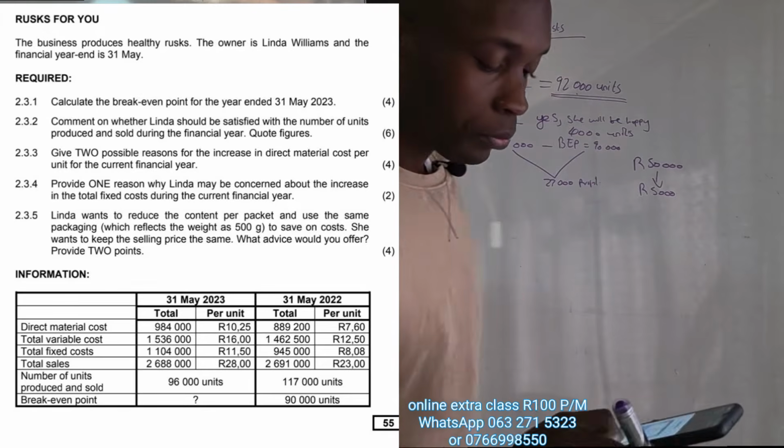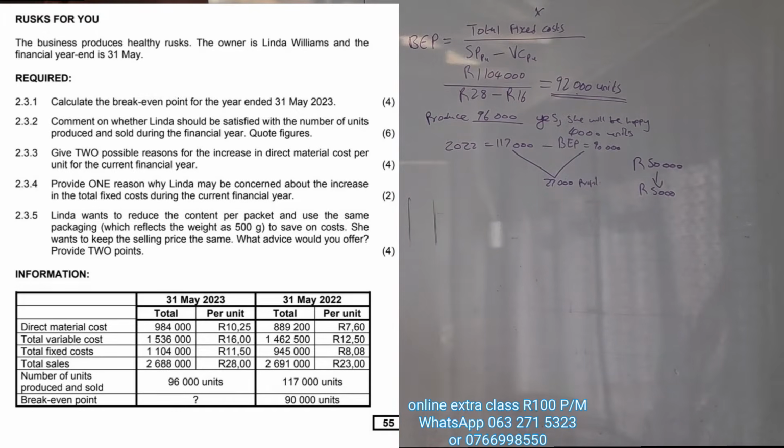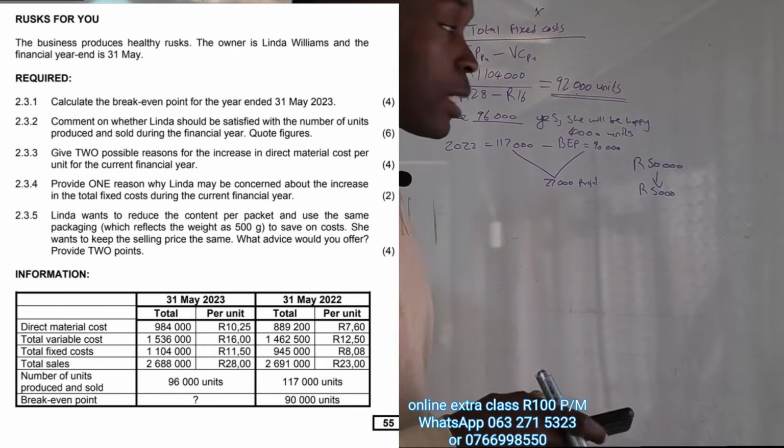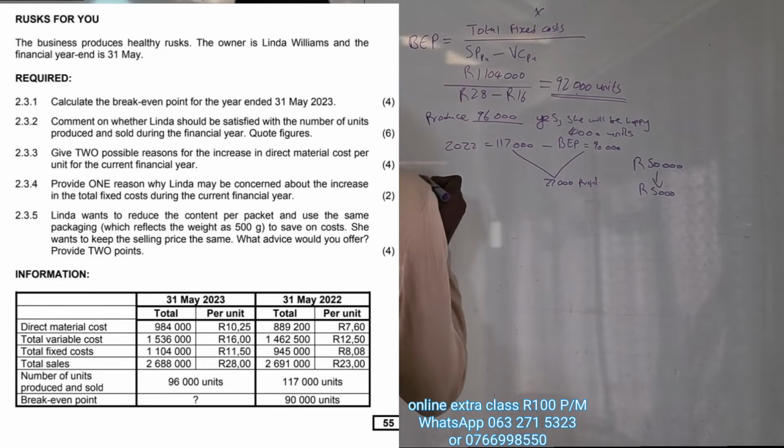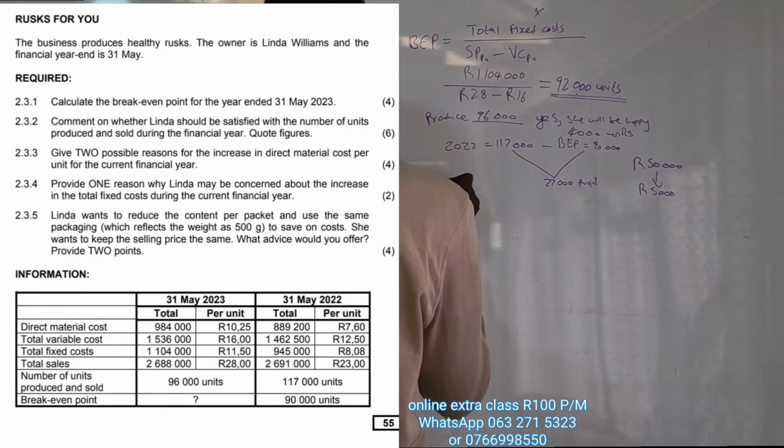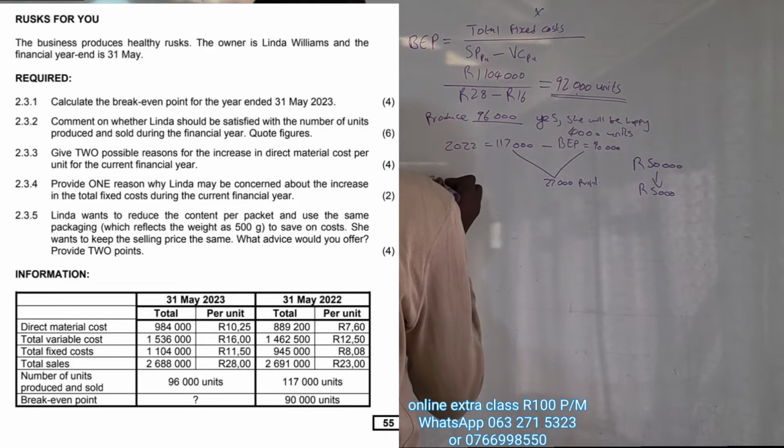Okay, so now give two possible reasons for the increase in direct material cost per unit for the current financial year. What is the possibility why the direct material cost price increased?